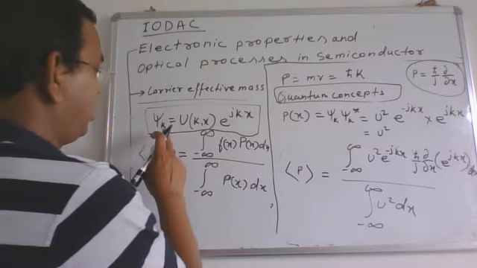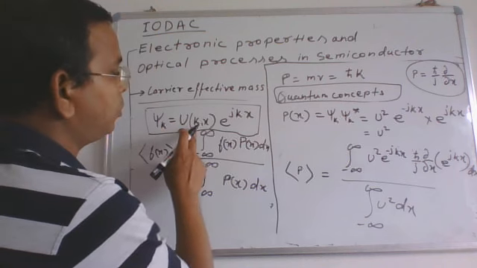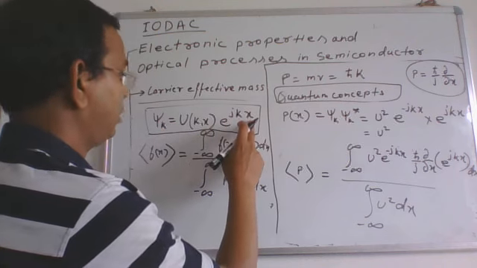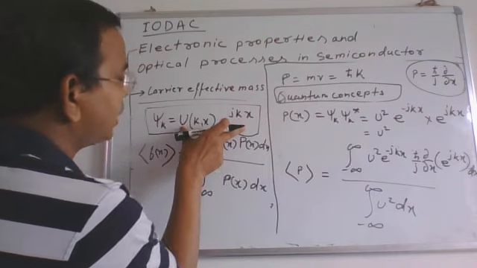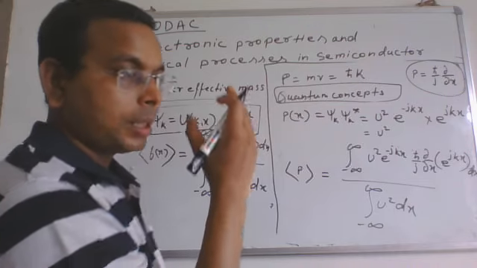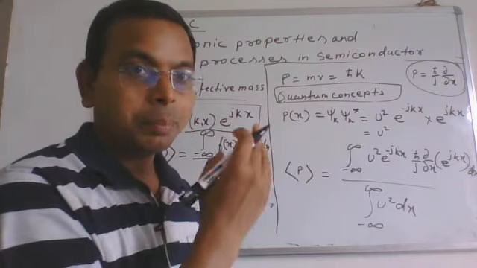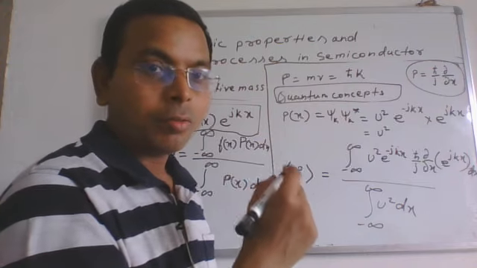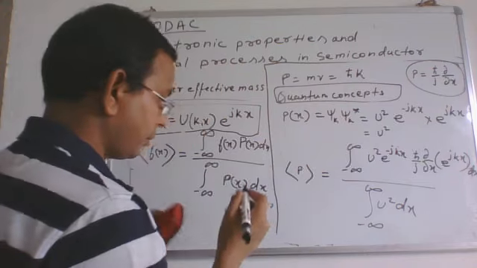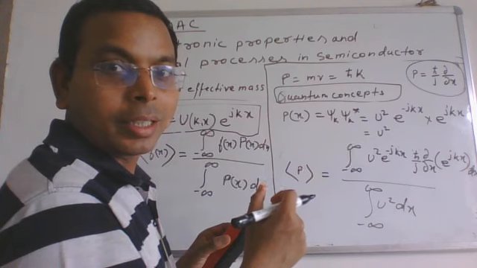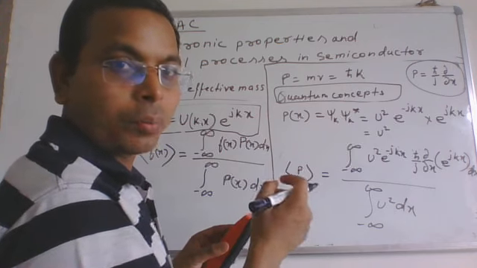So the wave function is given as u multiplied by e to the j k x. Why does it come with this nature? Because the crystal is a periodic function with k, and you need to understand lattice space, where from k comes.